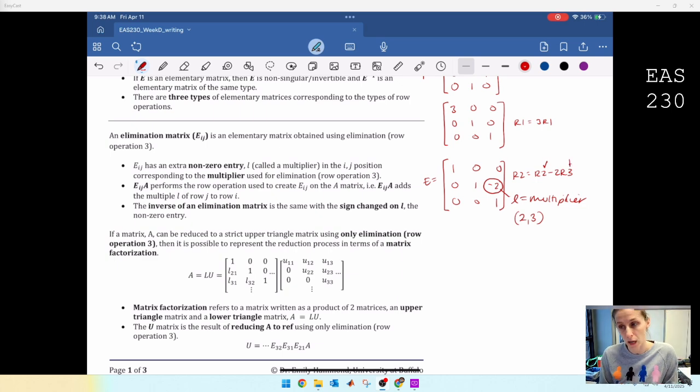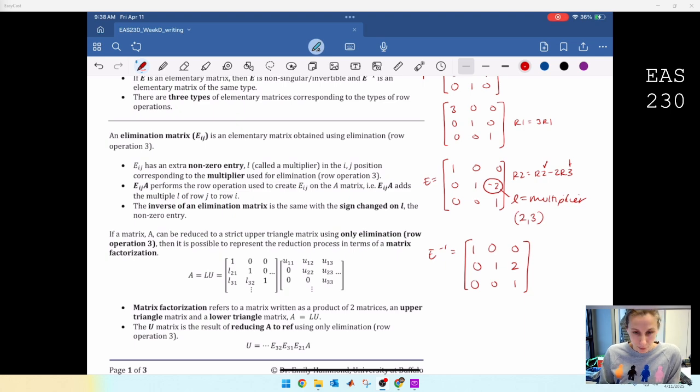That's where the 2 and 3 come in. Okay, so this row operation that's used indicates how my elimination matrix is going to be constructed. And it's important to note that the inverse of my elimination matrix is the exact same, except the value on my multiplier just changes sign. The sign changes. So rather than it being -2, here it becomes +2.